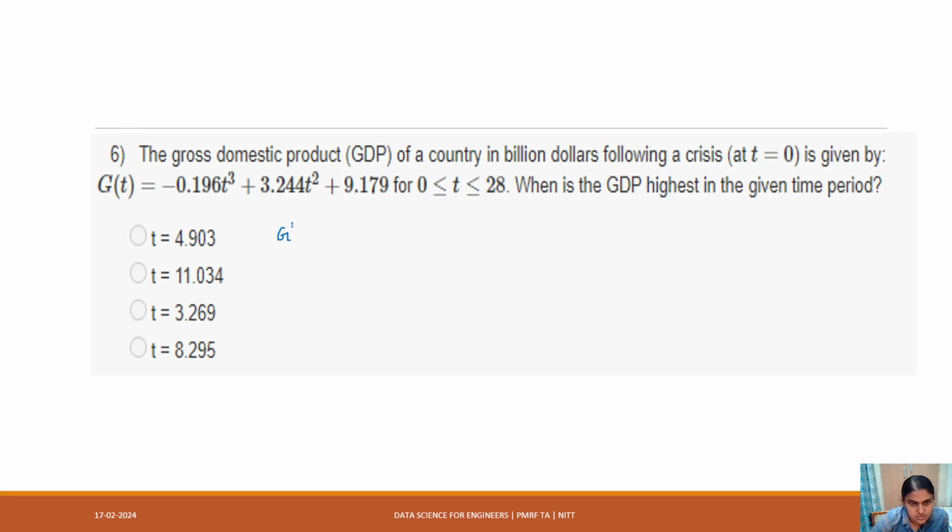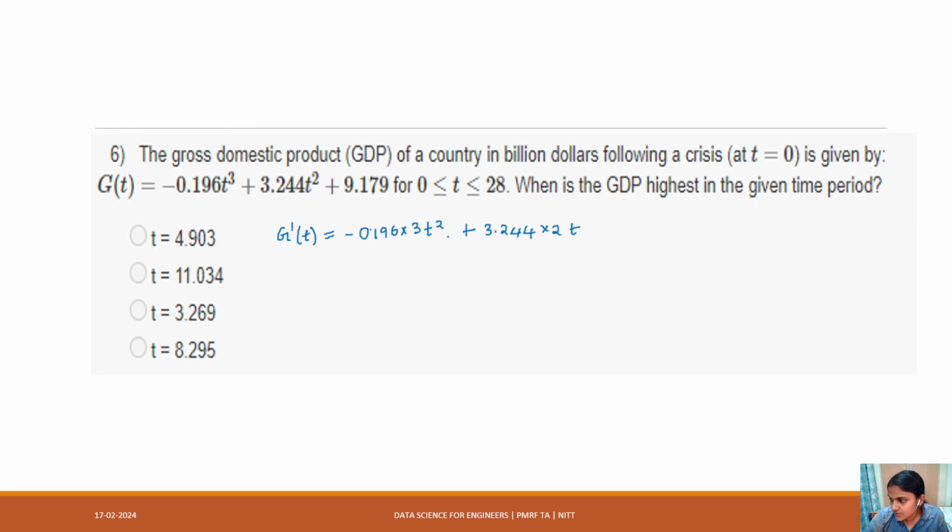So g of t is given as this one, GDP. Now you can find the first derivative. So the first derivative will be minus 0.196 into 3 t square plus 3.244 into 2 t and plus 0.